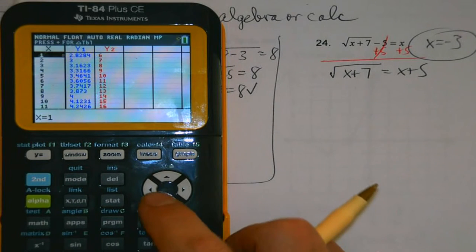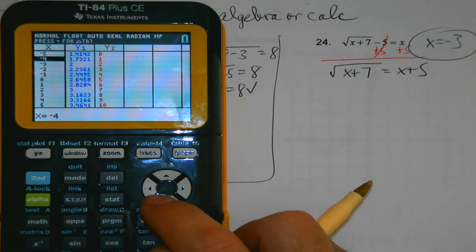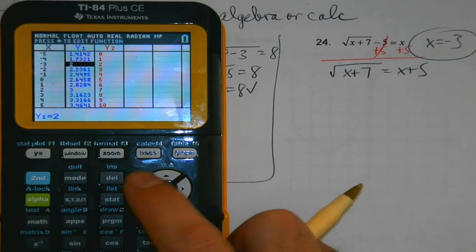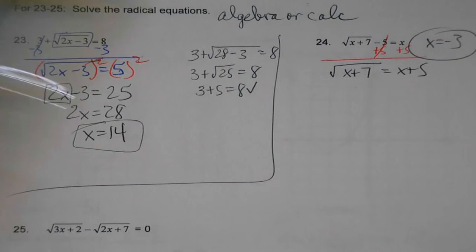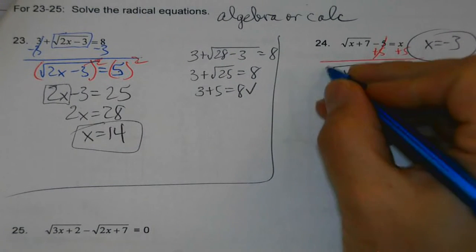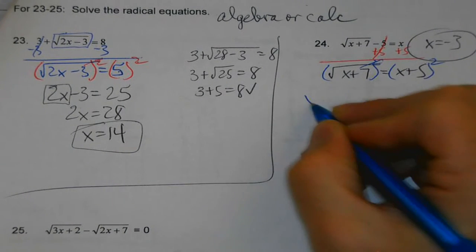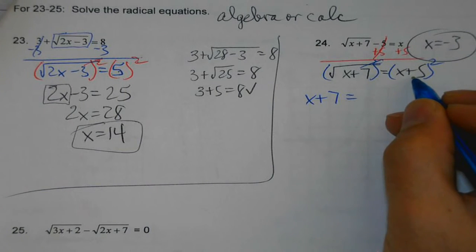Double check, look at our chart. As long as the y values are the same, that is a solution. Okay? And I'm good. If you were going to do it using algebra, just a reminder. And this one I'm not going to zip through. Remember, you have to FOIL or box this out.